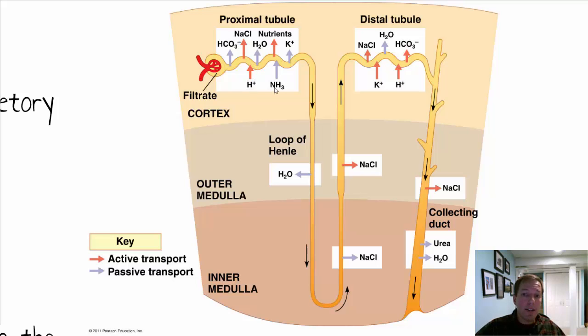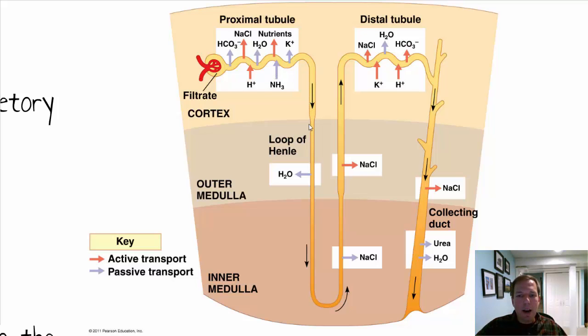So we see protons and ammonia, or urea in the case of humans, passively moving at this point into the filtrate from the blood. Other ions that are necessary may move because if they are more concentrated in the filtrate, they will move by passive transport along with water back into the blood.